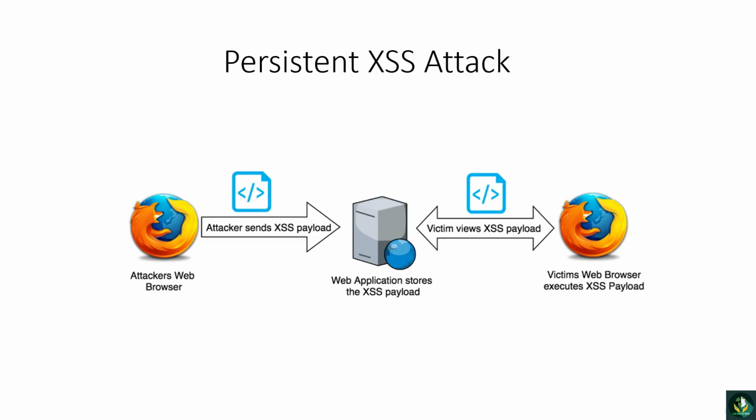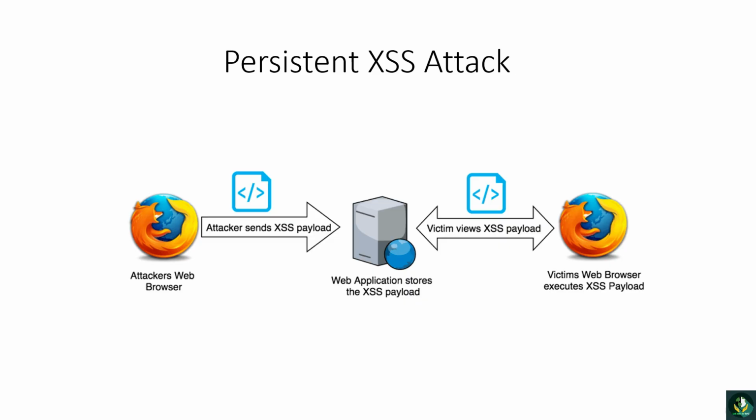So, persistent XSS attack, more commonly known as stored, because malicious code is saved on the web server or in a database, is considered the most dangerous type, because any visitor who views the comment becomes an unwitting victim even though he didn't do anything. The attacker doesn't need to use any tactics or tricks to deceive the user.